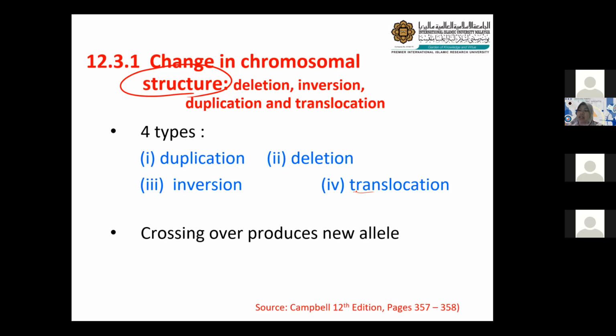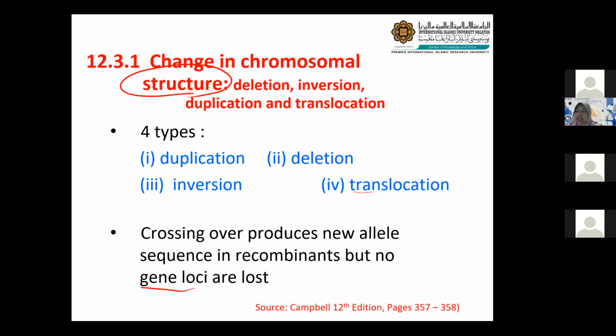Okay, right. So as we all know, crossing over produces new allele sequence combinations, but no gene loci will be lost. Okay, maknanya apa? Let's say this is crossing over.